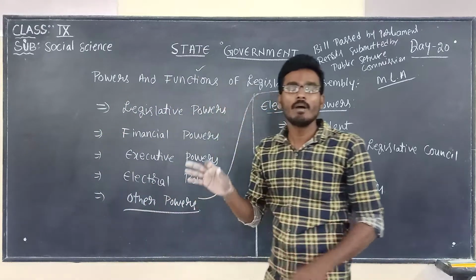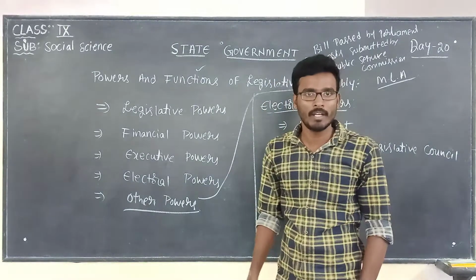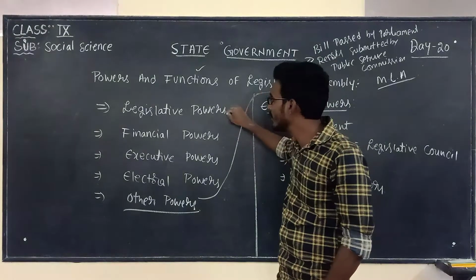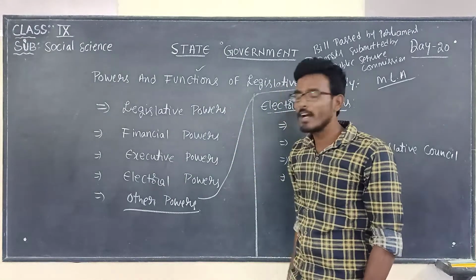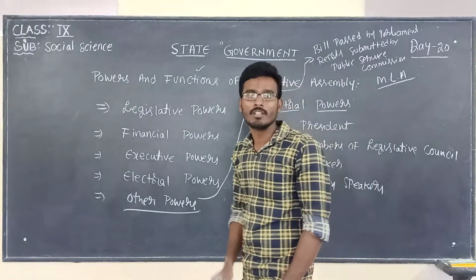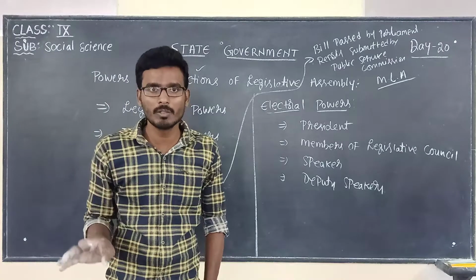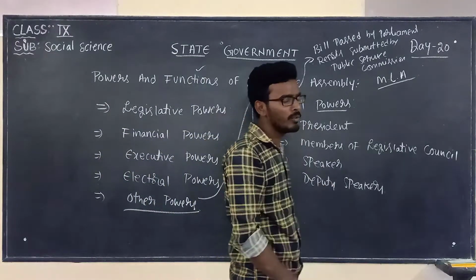So these are the major powers and functions of a Legislative Assembly. Children, so far we discussed legislative powers, financial powers, executive powers, electoral powers and finally the other powers. So this is the major content related to the complete concept of a legislative assembly.